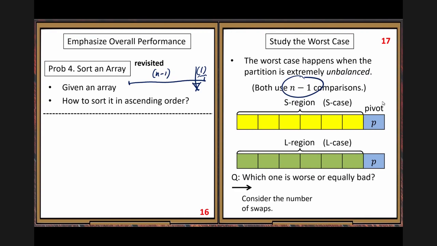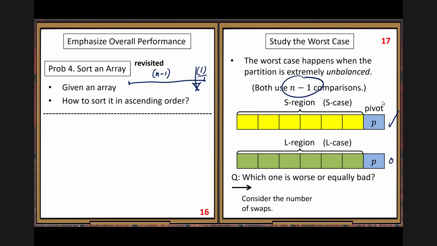So you can see that these two are slightly different. For the uppercase case, you don't need to swap, right? The P is already in place, but in the lowercase case, P is not in place.